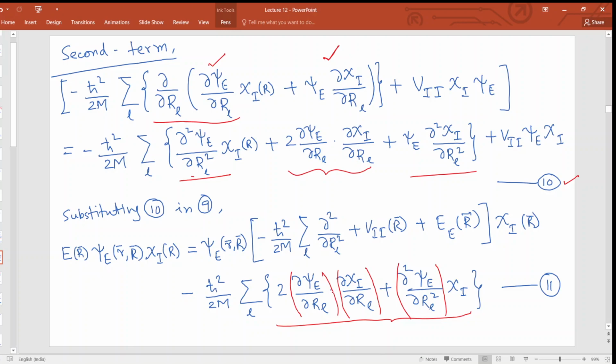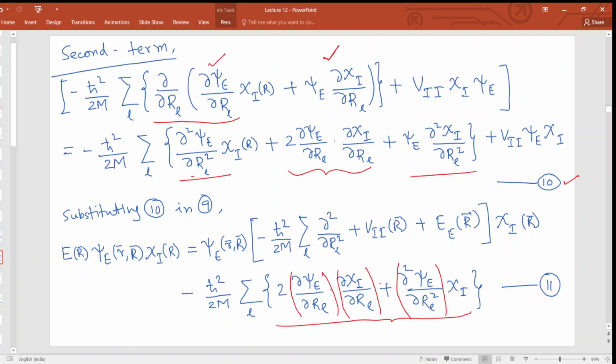So we can simply say that there is almost negligible variation of psi E with respect to change in RL. Is it clear? So we can assume that to be 0. So if that is 0, then this term will be 0 itself.